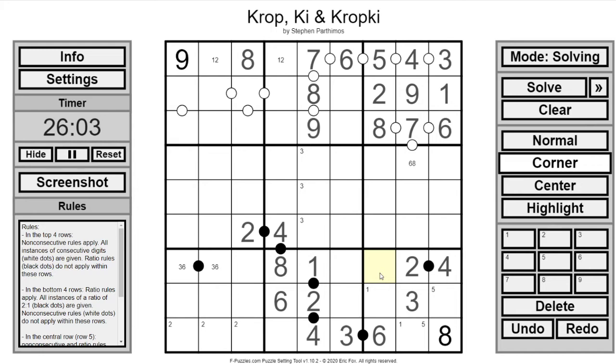Yeah. And then we've got 5, 6, 7 and 9 left to place here, which we don't really have any way to sort out.